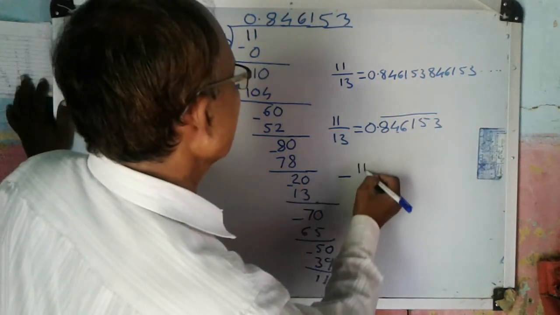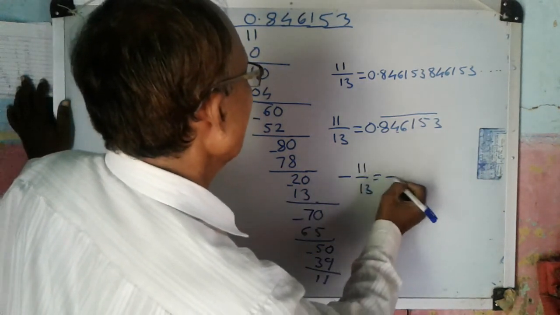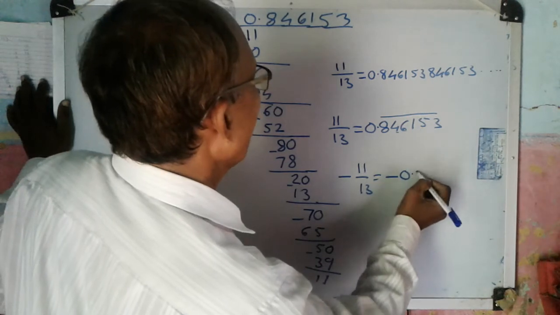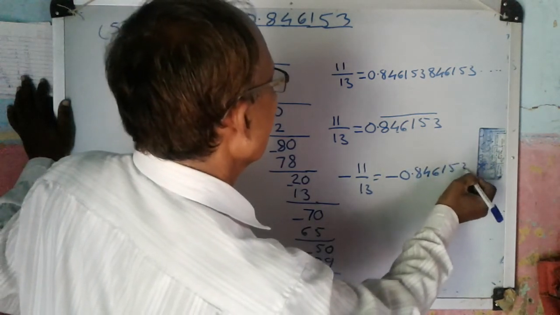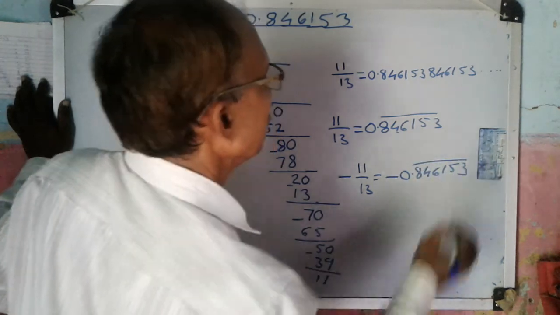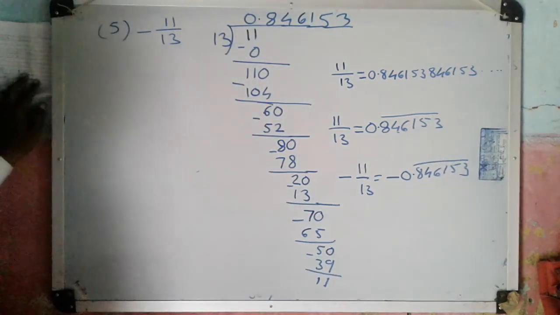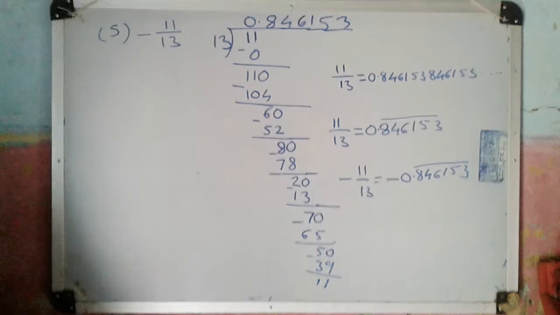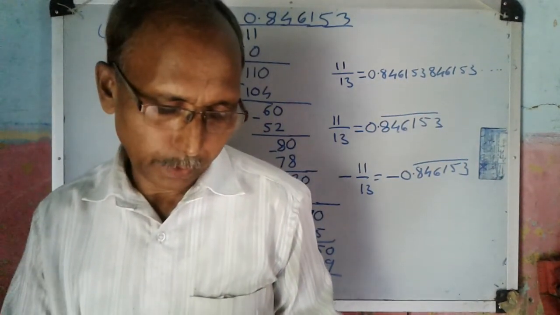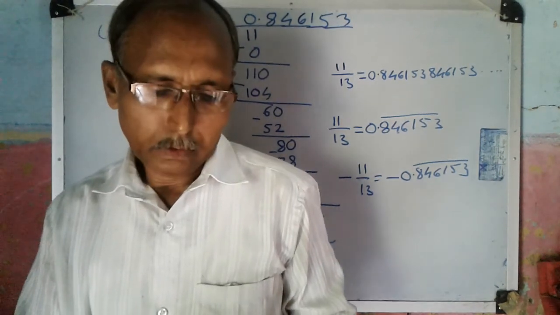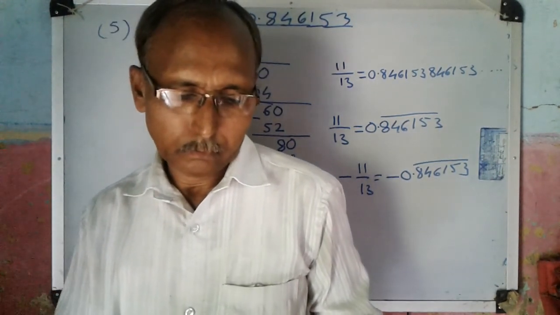Therefore minus 11 upon 13 is equal to minus 0.846153 with the bar. So the remaining examples, example 2, 3, 4, you try to solve by yourself.